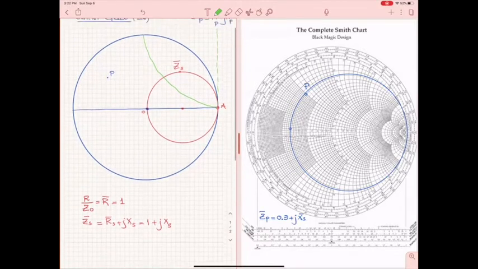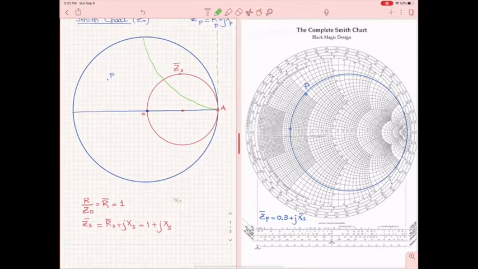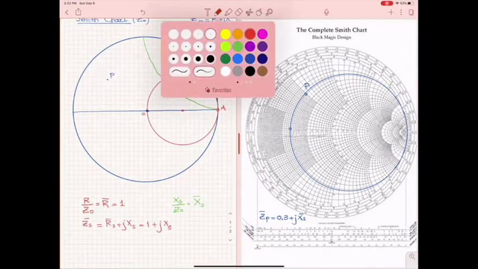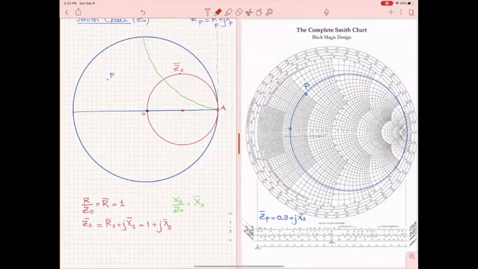So X S of Z naught, which is the normalized XS, normalized here, the value is going to be specified by where exactly this green circle intersects with the outside perimeter of the Smith chart.